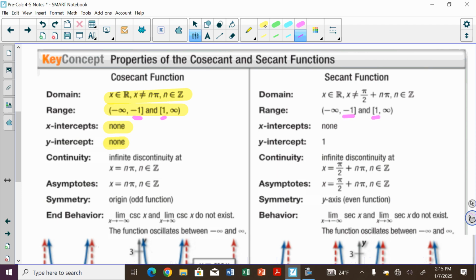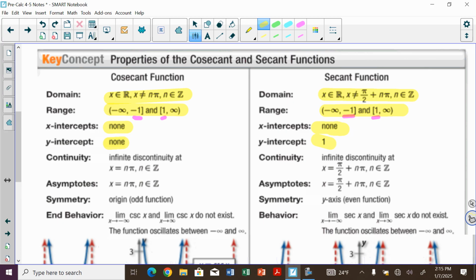That's their maximum and minimum points. So we have a different type of range there. You don't have any numbers between 1 and negative 1 with the parent function. Again, no x-intercepts, no y-intercepts for cosecant, but secant has one there.